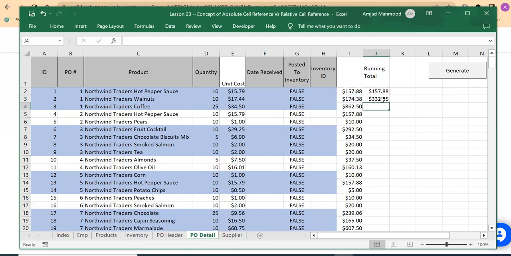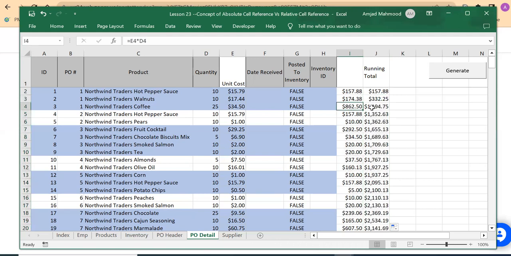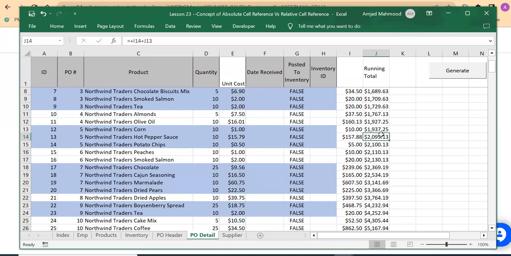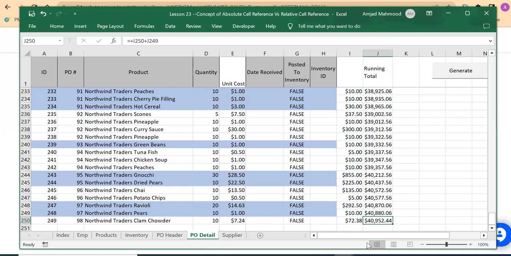This is how it keeps increasing with each entry's amount. In the end, we have about $40,000 total.